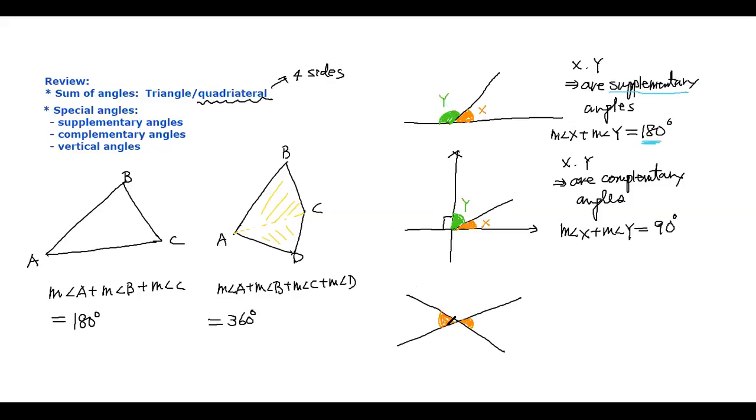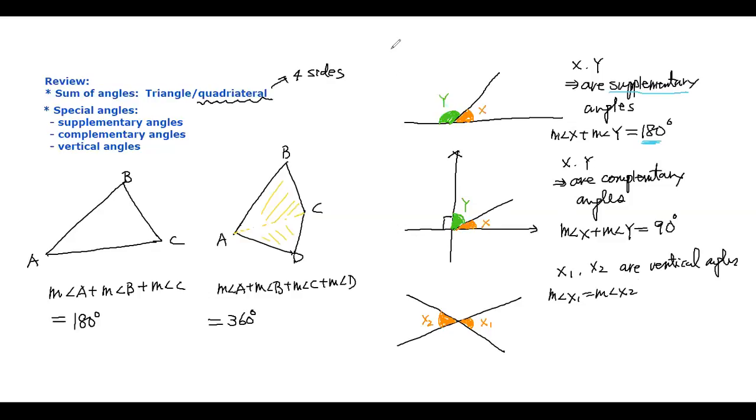They face each other, right? If this is x1 and this is x2, I would say x1 and x2 are vertical angles. So obviously the measure of x1 is equal to the measure of x2.